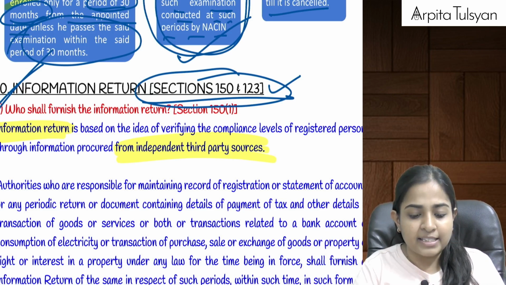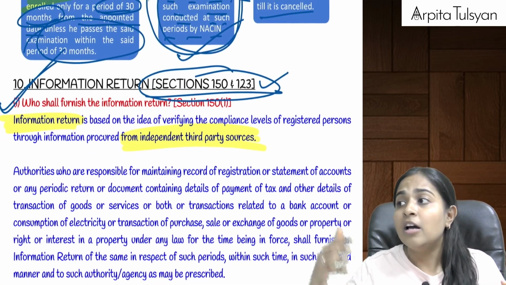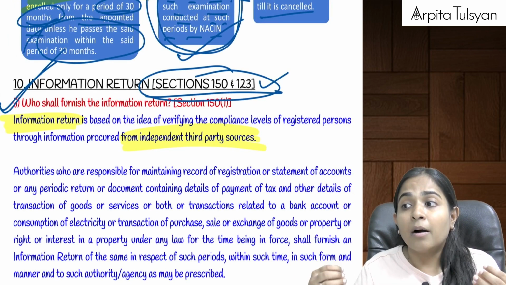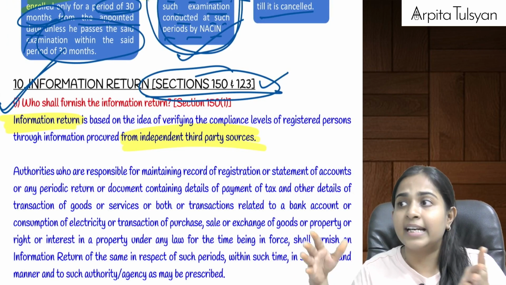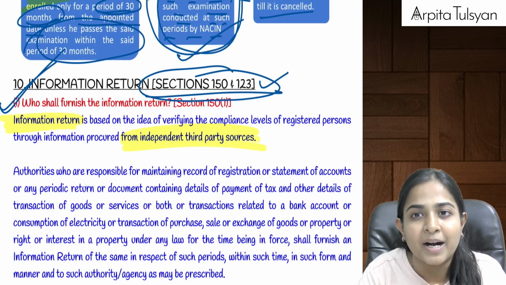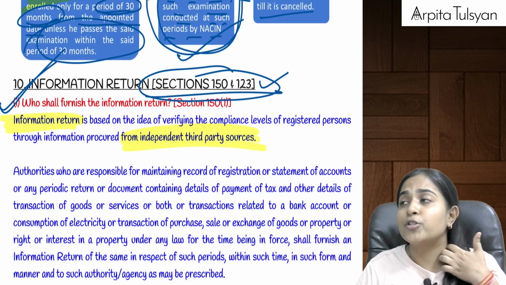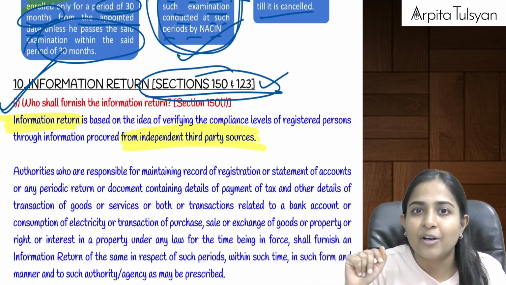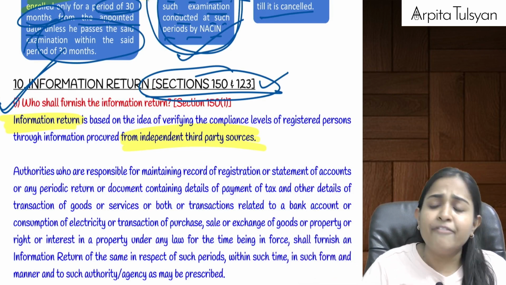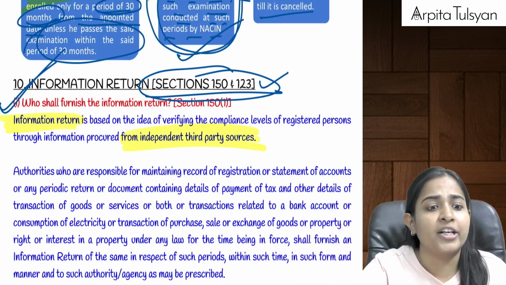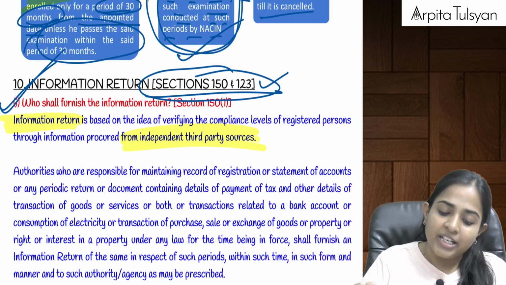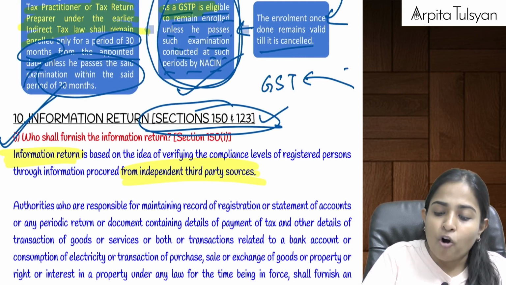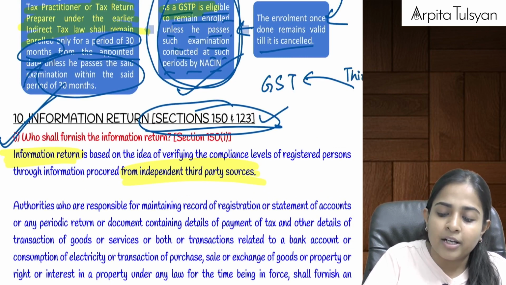For example, if the GST department wants to reconcile the data with the income tax department, or if it wants to check any property purchase transaction, then it can check it with the registration department of the state. If it wants to check any motor vehicle transaction, it can check it with the RTO, right? If it wants to check any bank-related transaction, it can check with the RBI. So the GST department can seek information from any particular third party.